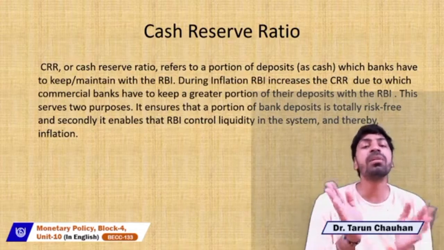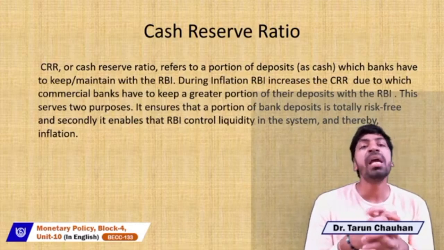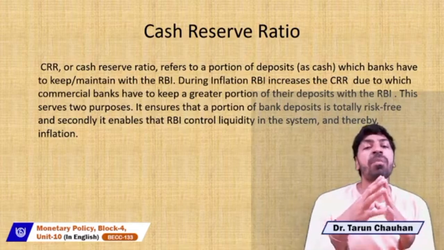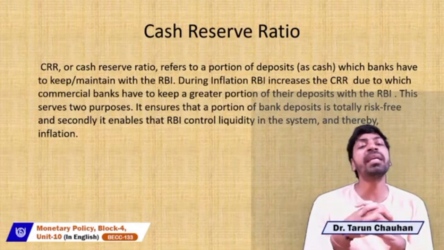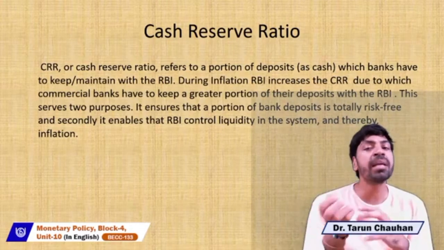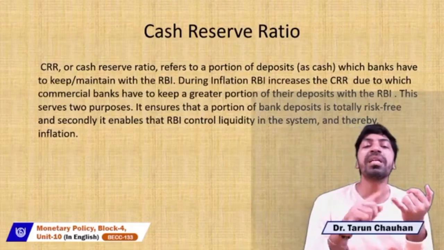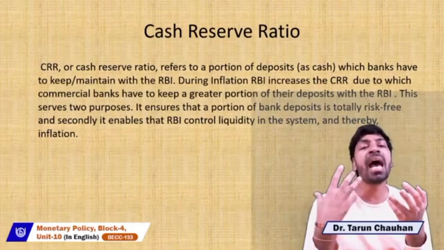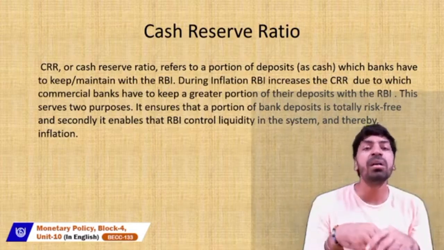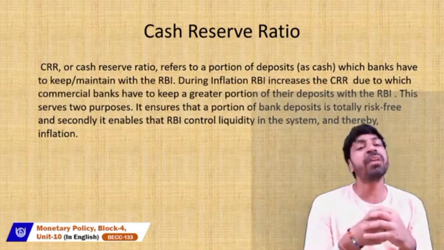So this is also one of the instruments of credit control, and it works when more and more of the deposit or cash has to be kept with the RBI by the commercial banks, with two main purposes: first, it is totally risk free, and second, the RBI has a pure capacity to control the liquidity in the banking system, and ultimately it controls the situation of inflation.